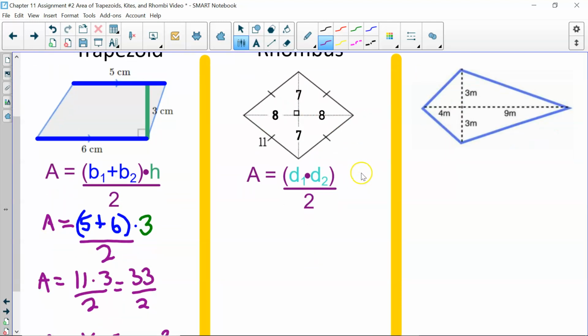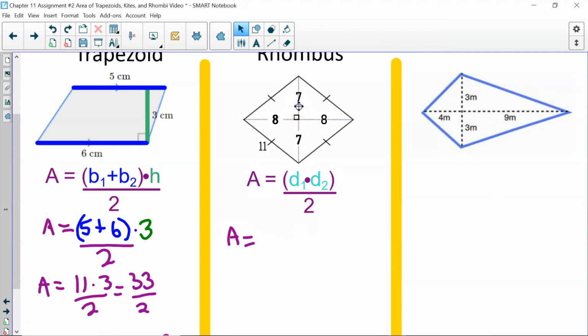So let's get our pens, and I now have the area equals diagonal 1, which is 14, times diagonal 2, which is 16.